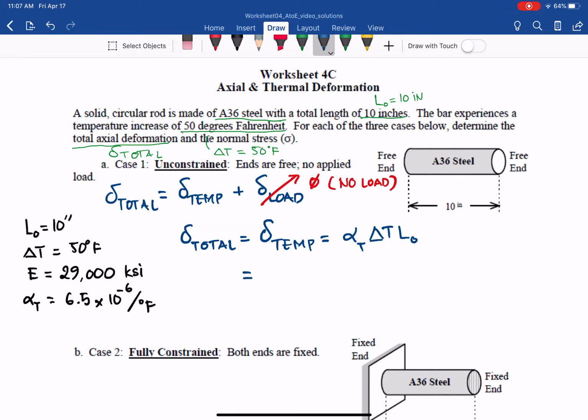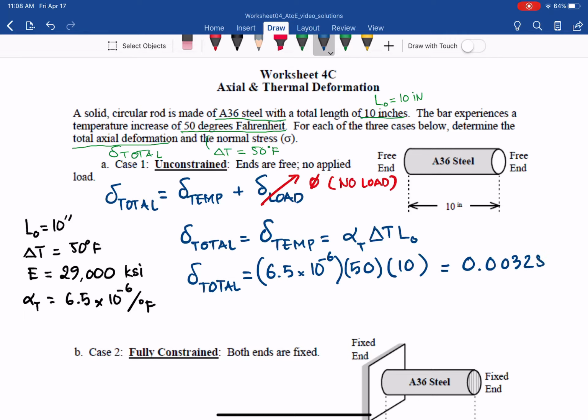Plugging in, 6.5 times 10 negative 6, times 50, times 10 inches, and the answer should be in inches. So we have 0.00325 inches, and that is the answer for the first case.